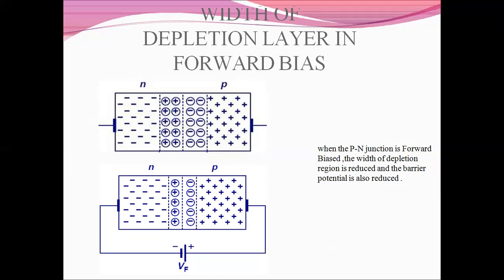That means the negative terminal is connected to the N-type semiconductor material and the positive terminal of the battery is connected to the P-type semiconductor material, hence it is said to be working in forward bias. Under forward bias, the width of the depletion region is reduced, which makes the barrier potential reduce as well.